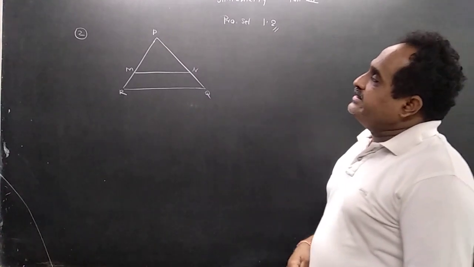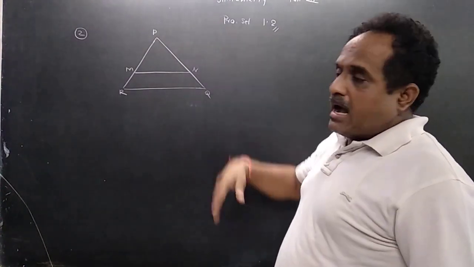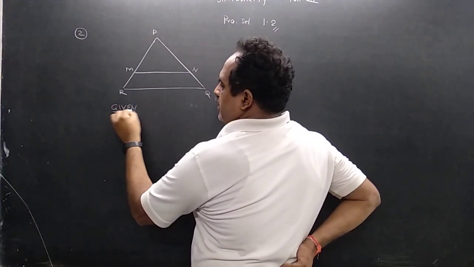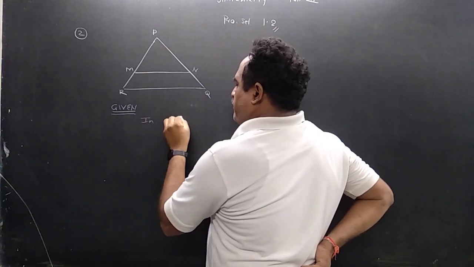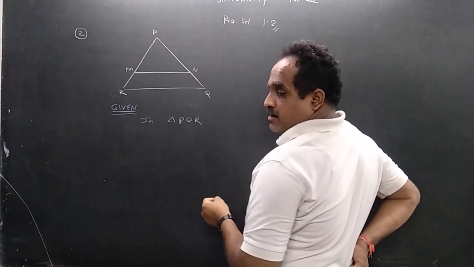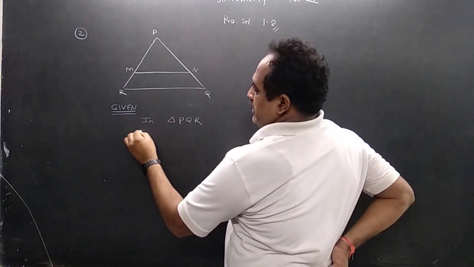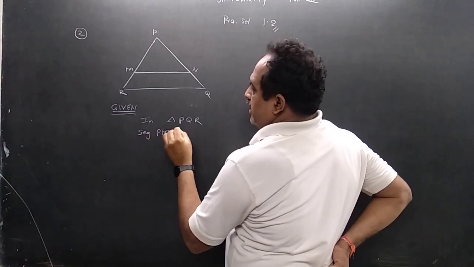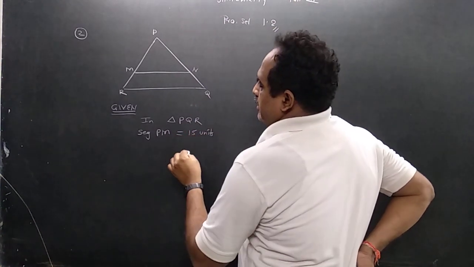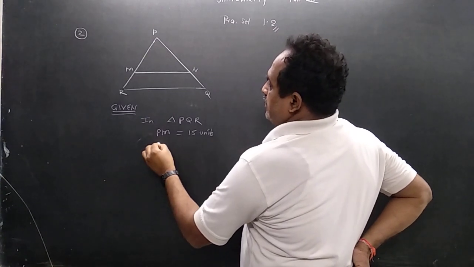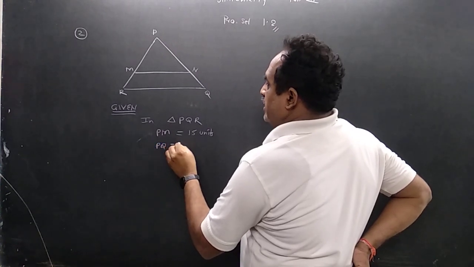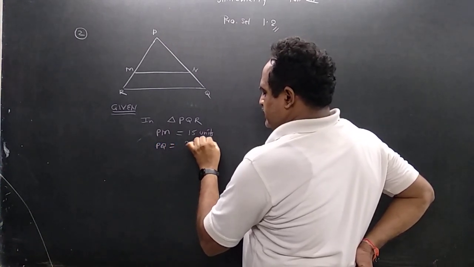See question number 2. This is a figure given in the textbook. And what is given? In triangle PQR, segment PM is 15 units. Segment PQ is 25 units.